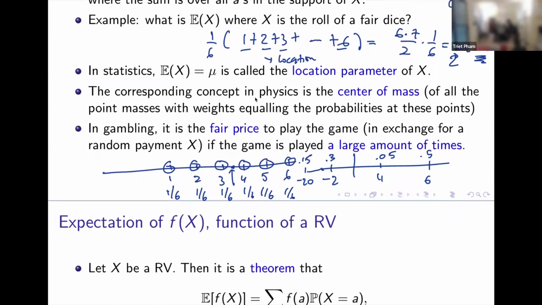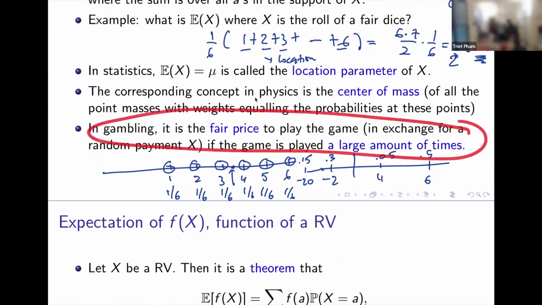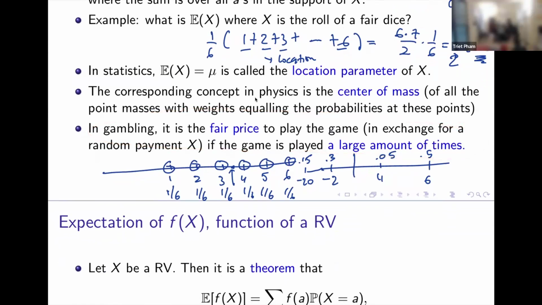And here we mentioned another very important interpretation, which is connected to the law of large numbers. That basically is the fair price to play a game that has payoff listed as the values of the random variable.